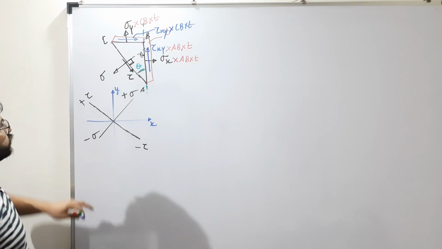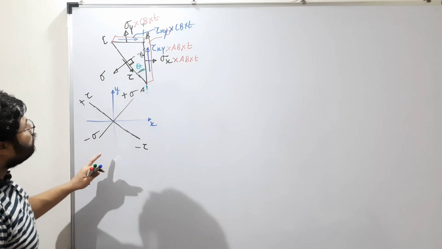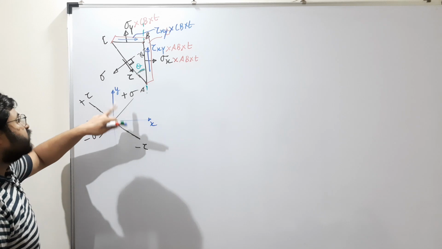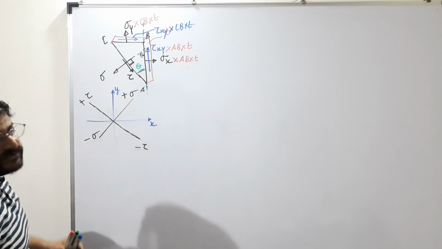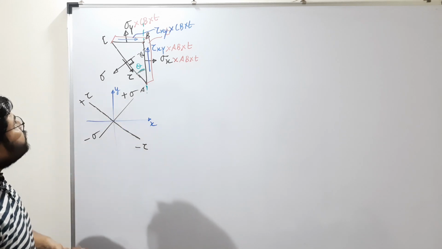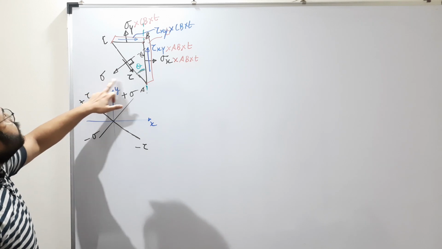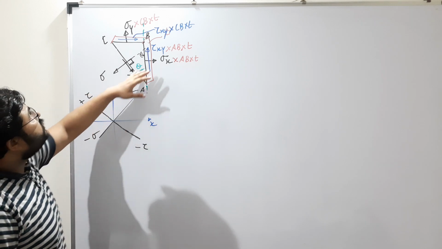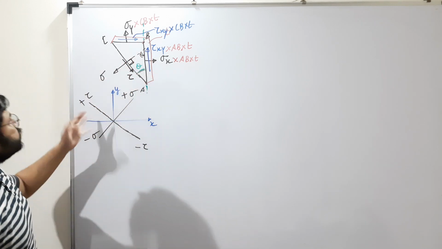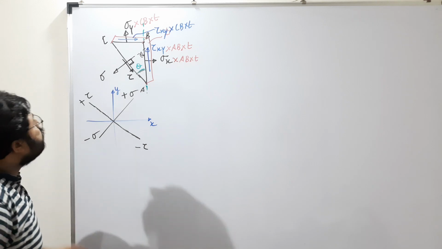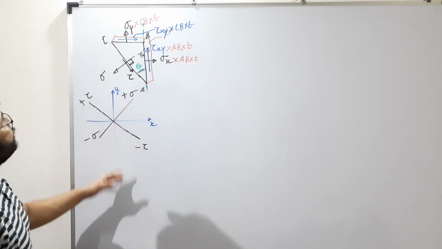Now why am I doing so? Because I want to know the components of forces along these two directions. That will be easy for us because ultimately we are interested in sigma and tau. So it's better for us that we resolve the components along these two axes. Now we need to look for what angle we are looking for.